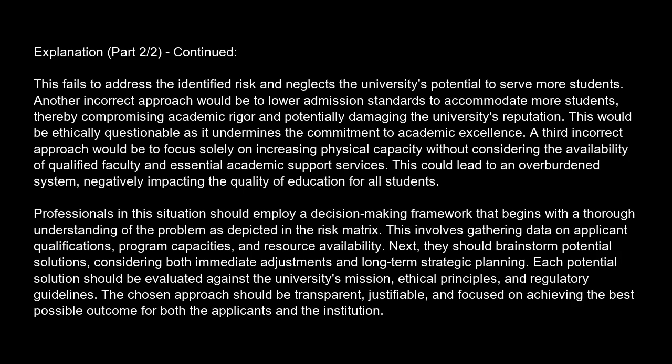A third incorrect approach would be to focus solely on increasing physical capacity, without considering the availability of qualified faculty and essential academic support services. This could lead to an overburdened system, negatively impacting the quality of education for all students. Professionals in this situation should employ a decision-making framework that begins with a thorough understanding of the problem as depicted in the risk matrix.